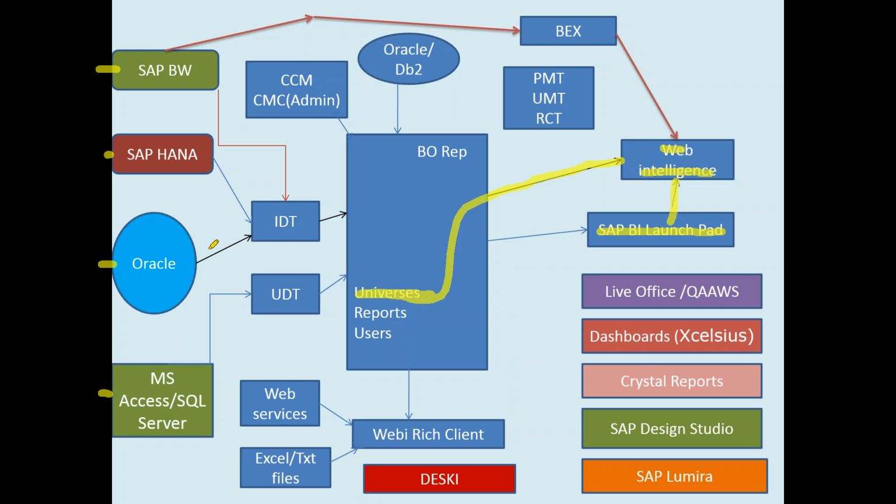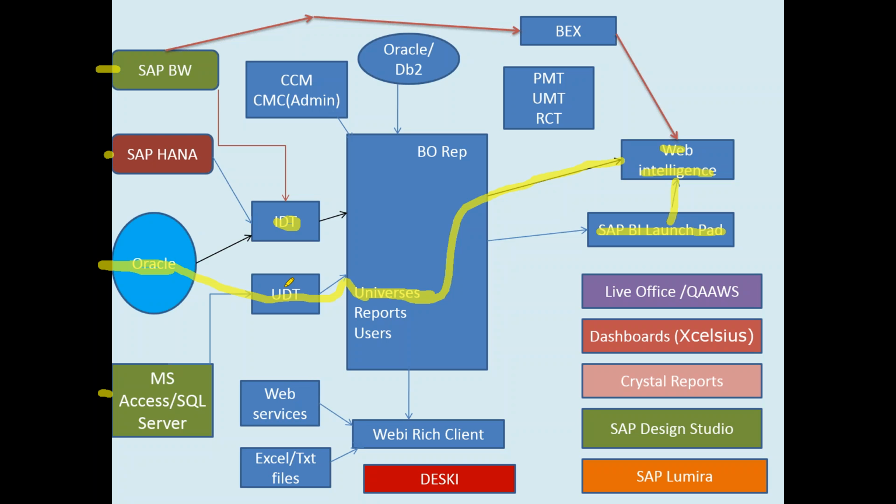Okay. So for example, if you want to develop reports on an Oracle database, we should have the universe as a middleware. The universe can be implemented using the UDT tool or the IDT tool.